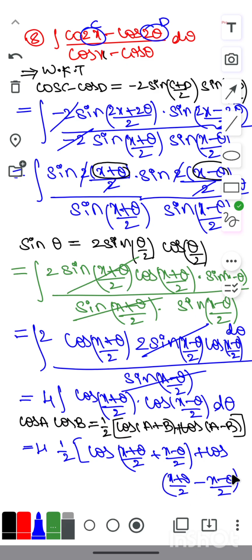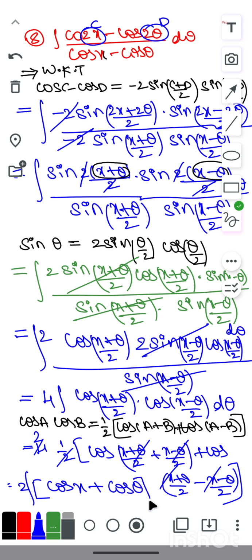When we open the bracket, after cancellation we are left with only 2, and the remaining is the bracket followed by cos of, here 2 is the LCM, so the numerator can be added: plus theta minus theta cancels, remaining is x plus x, which is 2x. 2x divided by 2 is only x, so we get cos x, plus here after taking the LCM, x minus x cancels, theta plus theta becomes 2 theta. 2 theta divided by 2 is only theta. Okay, we are left with this.